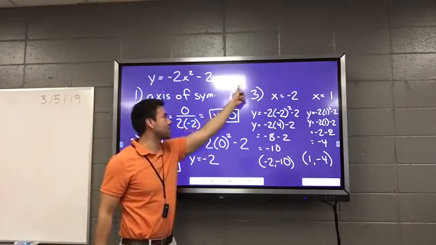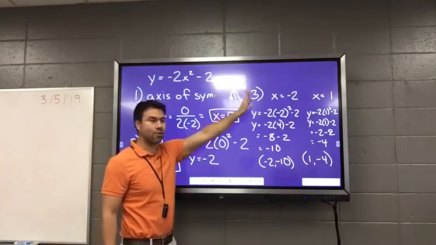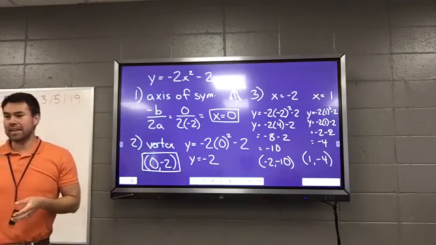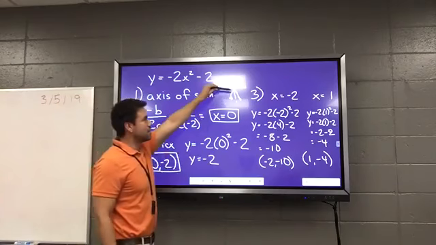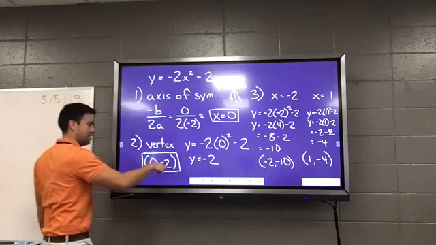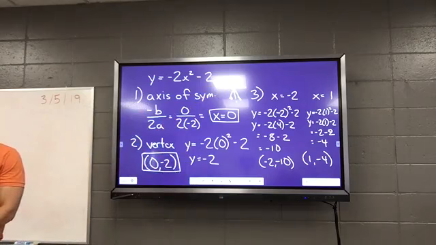It never crosses the x-axis. Domain: any real number. Range: y less than or equal to -2.